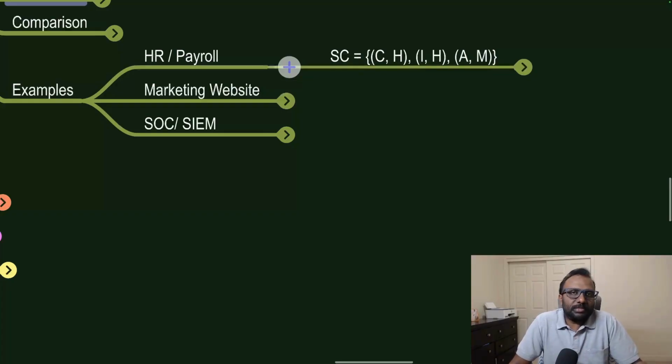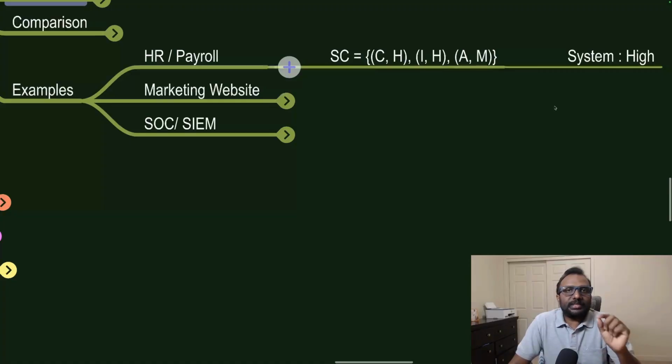If sometimes the HRMS is not available, it is not going to make a big impact, but when there is a breach of data, it is going to make a bigger impact. So here confidentiality is high, integrity is high, availability is moderate. What would be the category of the system here? High, right? The system categorization is high because confidentiality and integrity are high here.